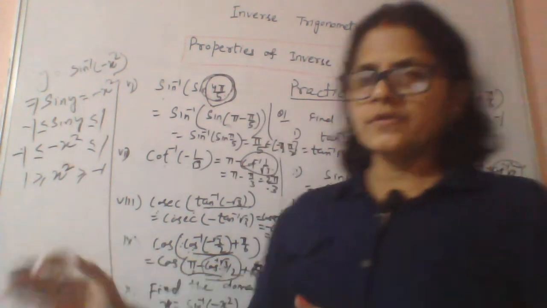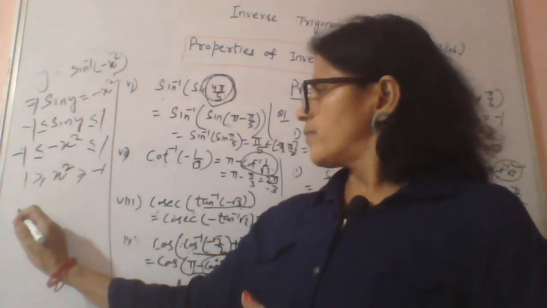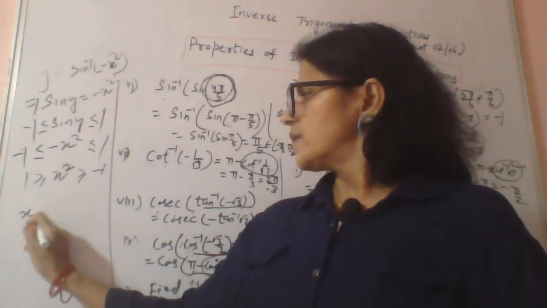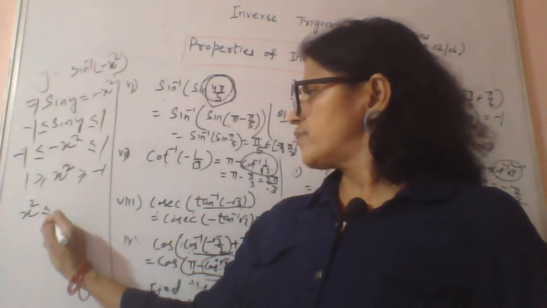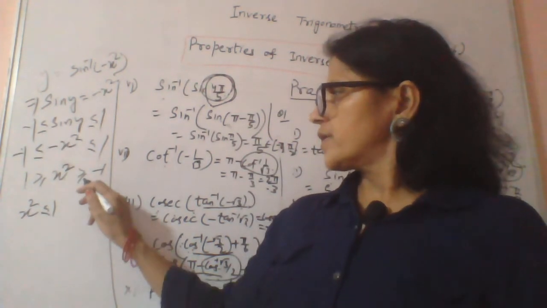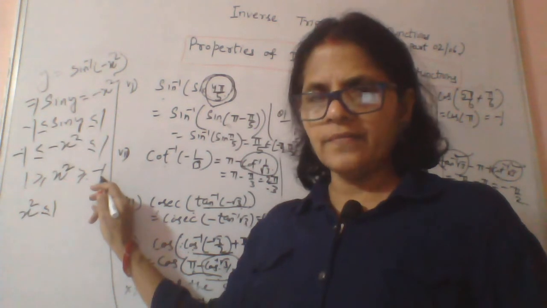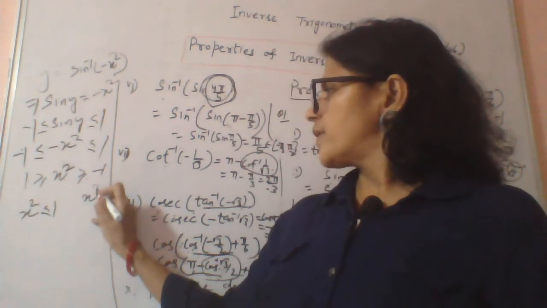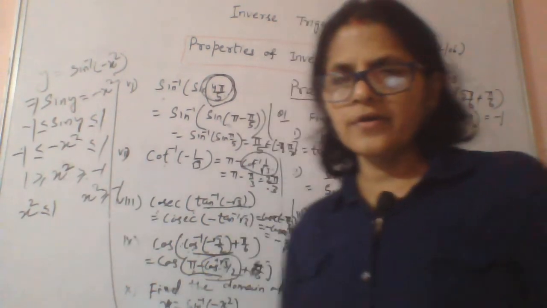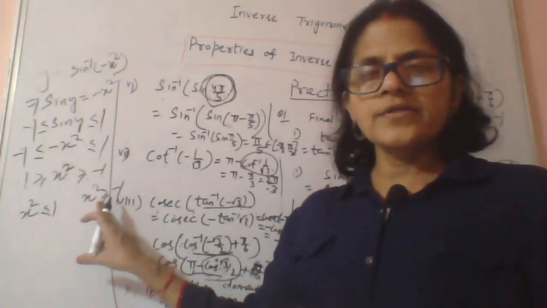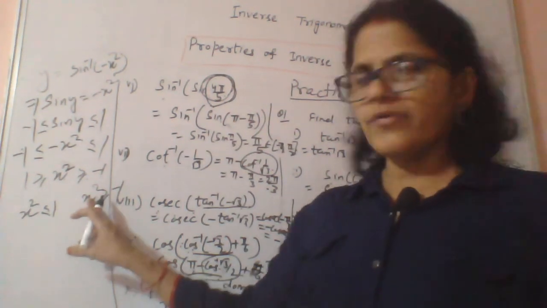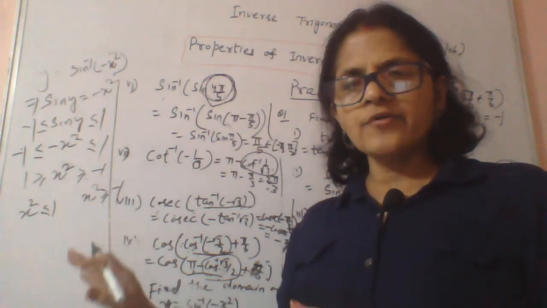If you take it in two parts, one is 1 greater than or equal to x square, which means x square is less than or equal to 1. The second part is x square greater than or equal to minus 1. Since x is a real number, x square is non-negative, so x square cannot be negative, and we cannot go beyond 0.